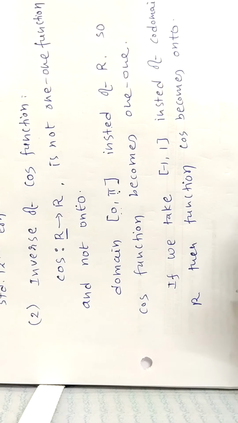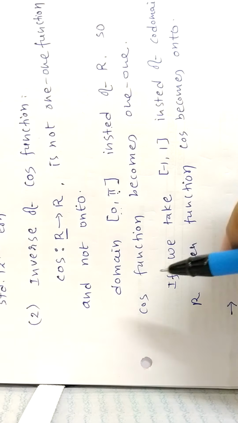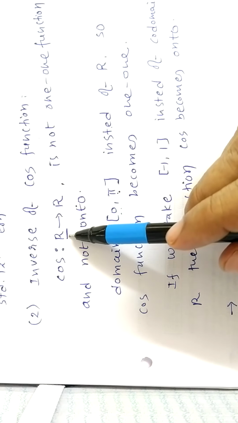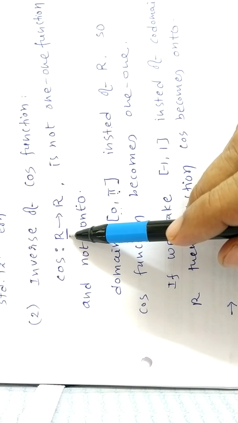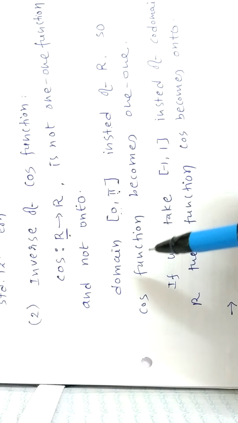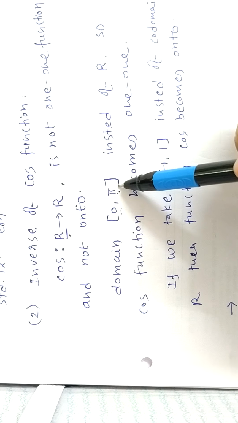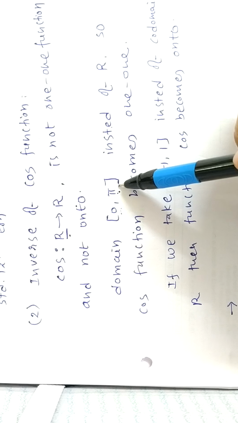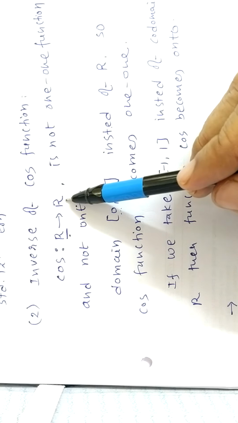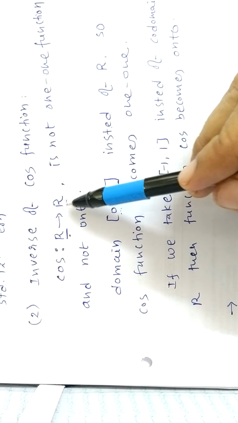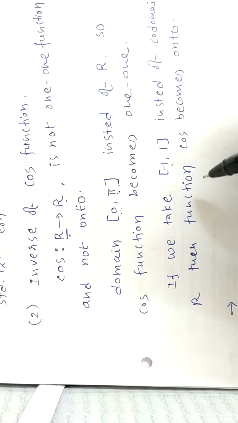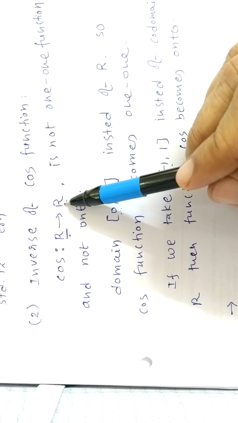So in this way you can see the domain of cos function is R. The domain will be restricted to 0 to pi. So function cos becomes 1-1, and the codomain of function cos is R. We are taking -1 to +1 instead of R. That is why cos function becomes 1-1 and onto.